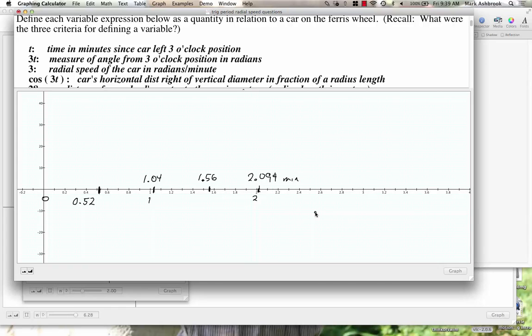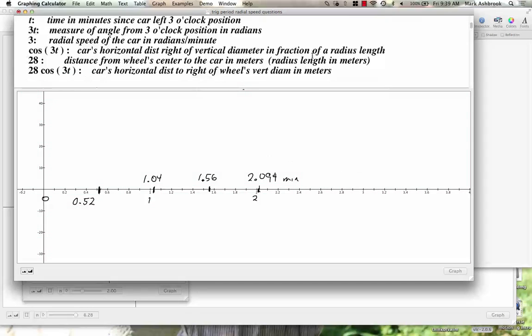Okay, what about this way? So we're sketching this function. What is the output of the function giving us again? Car's horizontal distance to the right of the Ferris wheel in meters. So now we've got to think about maximum and minimum. What's the maximum meters to the right? What's the maximum meters to the left? 28.